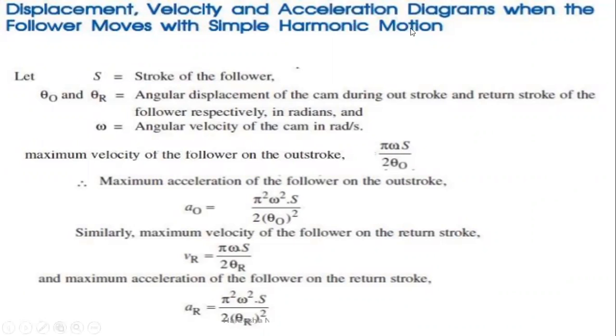So the formulas have been taken here. The same formulas for the outward stroke: the maximum velocity of the outward stroke is taken as pi into omega into s divided by 2 into theta of O, that is theta of the outward stroke.